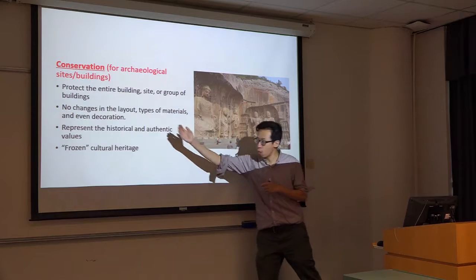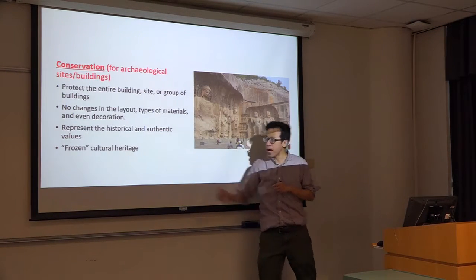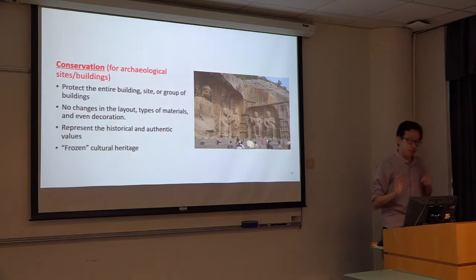We should represent authentic and historic value. And basically, we are trying to freeze the cultural heritage to represent how it looked at a certain point of time. So this is the way to do conservation for tangible cultural heritage.